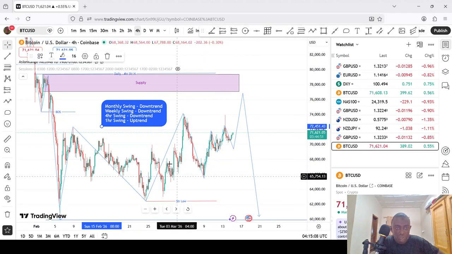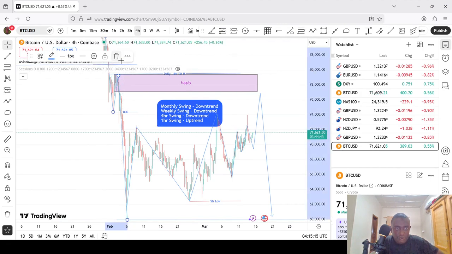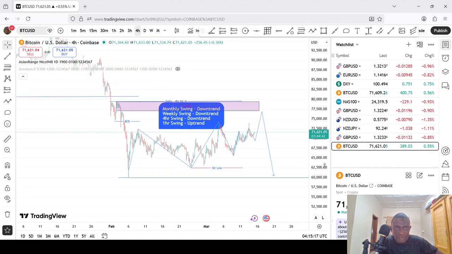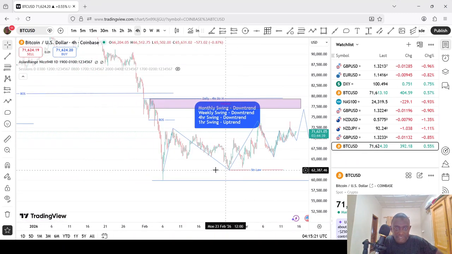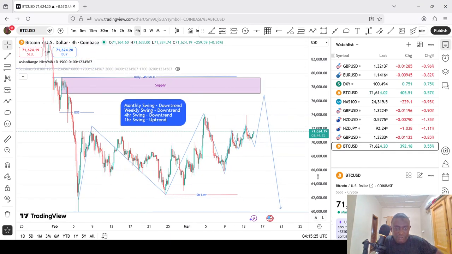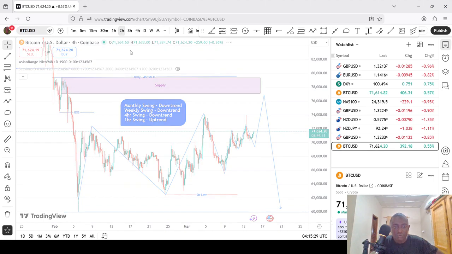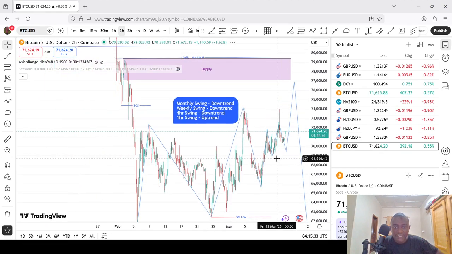Okay, so I just want to delete the 4 hour. When you delete it, you have a clean chart like this. Okay, so we just switch to 1 hour. You can just move to 2 hours, and basically from 4 hours I just move to 1 hour.